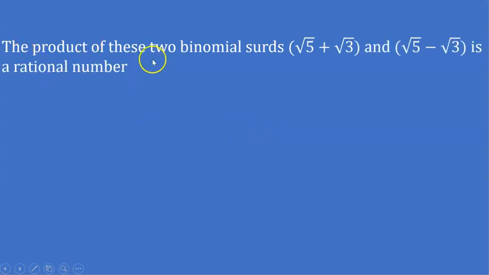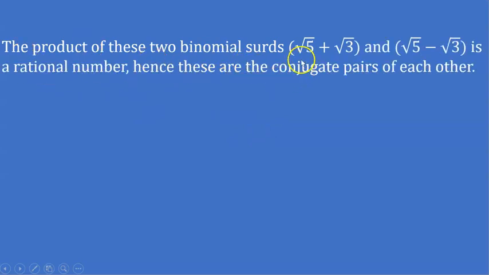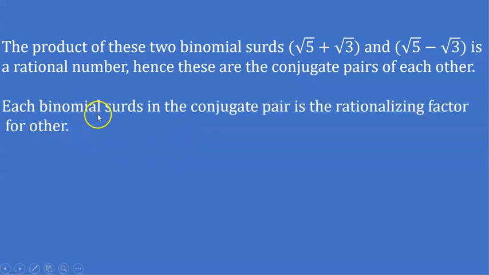The product of these two binomial surds, root 5 plus root 3 and root 5 minus root 3, is a rational number. Hence, these are conjugate pairs of each other. Each binomial surd in the conjugate pair is the rationalizing factor of the other.